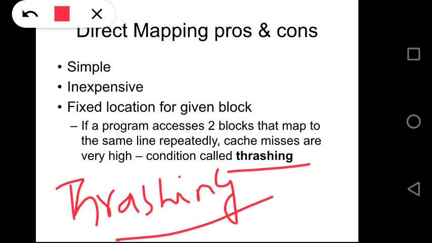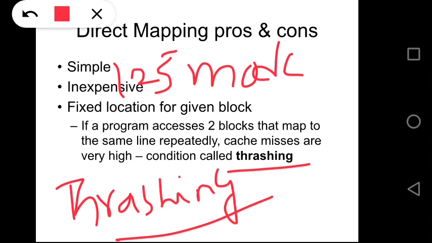In the earlier example, you have seen that 125 mod 4 is equal to 1 and 135 mod 4 is also 1.